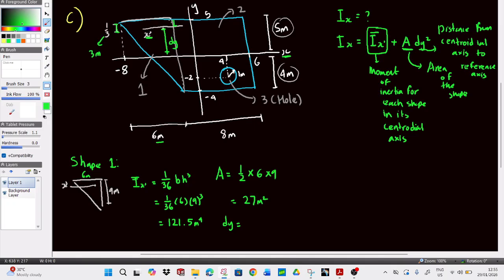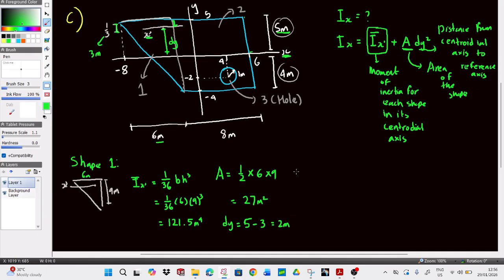Okay, and the whole thing is 9 meters, so this is 3 meters. And from here is 5 meters. From this part to the reference x-axis is 5 meters. So it's basically 5 minus 3. Okay, this is a 5, not an s here. So it's supposed to be 2 meters.